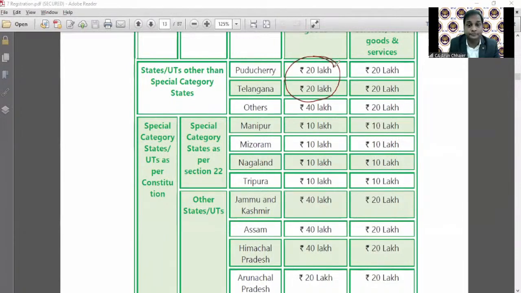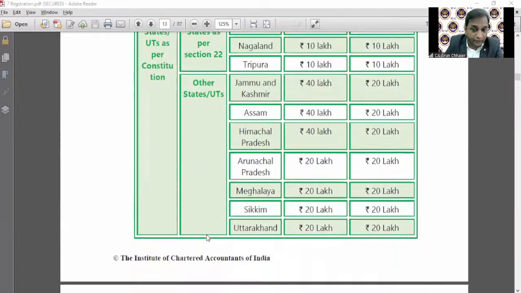Kindly confirm. So you need to remember these in 3 parts. Special category states, 40 lakh would not be applicable. For which 2 states would 40 lakh not be applicable? Puducherry, Telangana, and the bottom 4. Give me the confirmation. Is it clear?